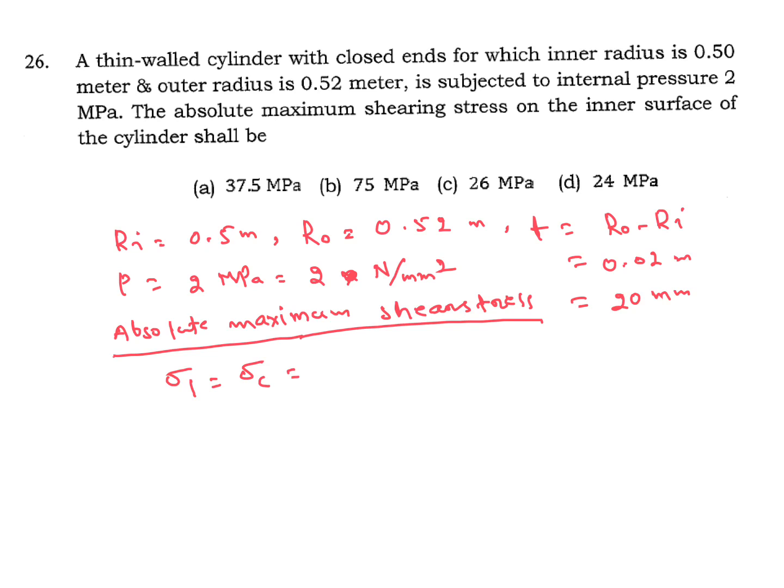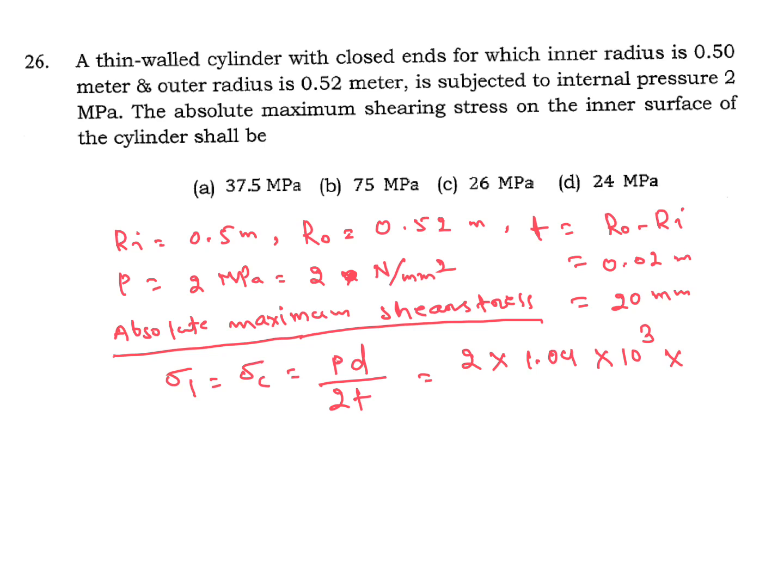Circumferential stress or sigma 1, or hoop stress you can call, equal to pD by 2t for thin cylinder. Put 2 into diameter, outer diameter 0.52 into 2, 1.04 into 10 to the power 3 mm.